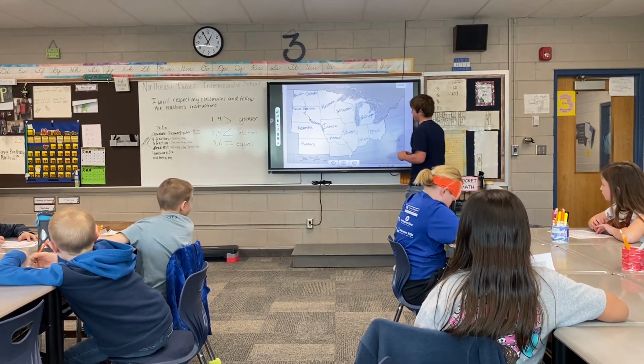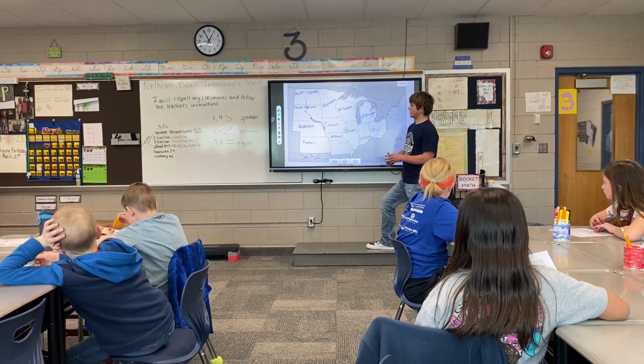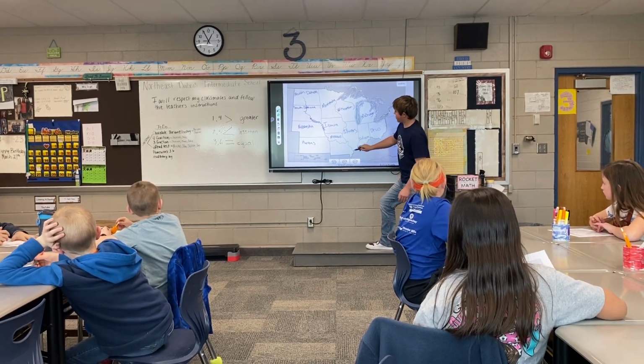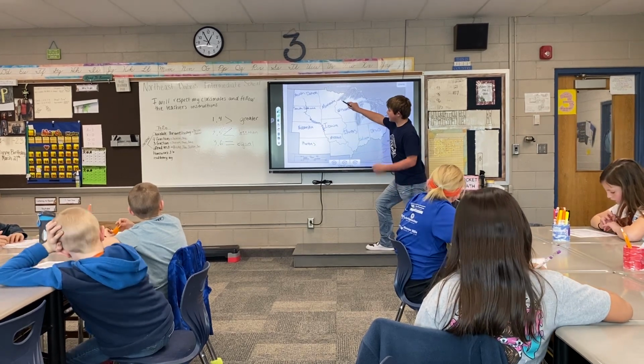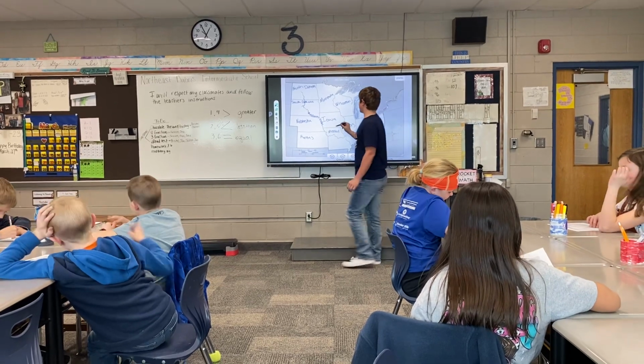So the Missouri River runs into this big old river in the USA that runs almost directly in the center of the USA. It runs right through the Midwest region, and you might know what it's called? Mississippi River. The Mississippi River.